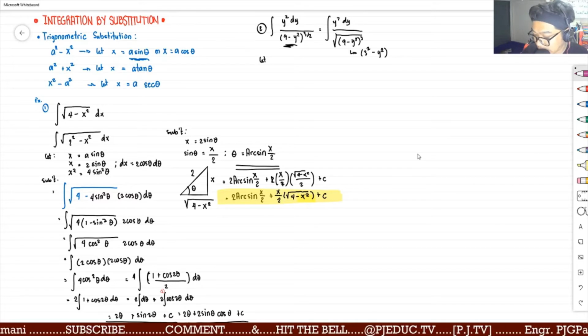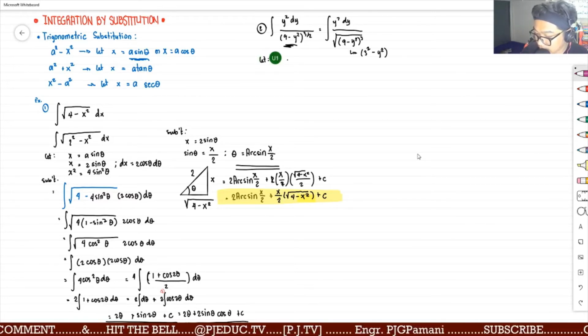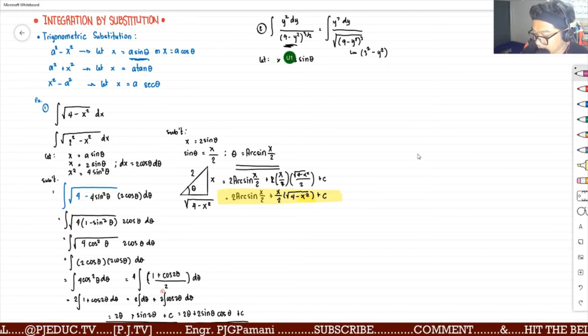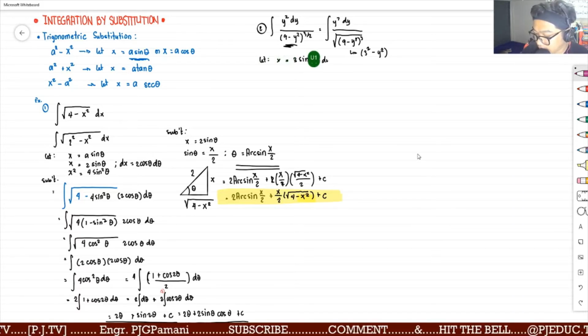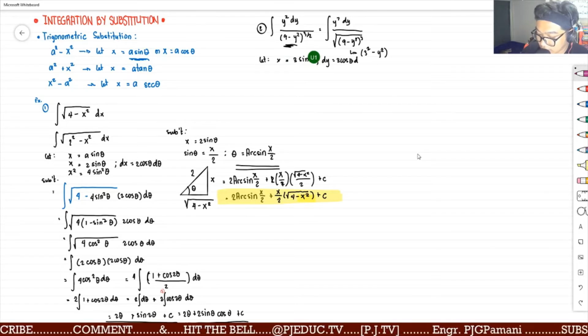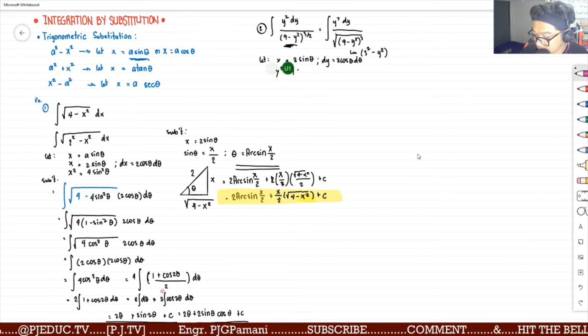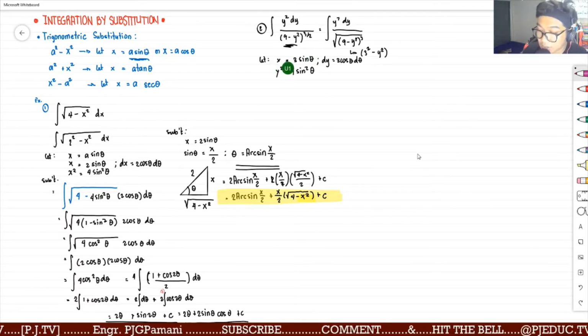So, same again. y is simply equal to 3 sine theta. Differential form, that is dy equals 3 cosine theta d theta, and y squared is 9 sine squared theta.